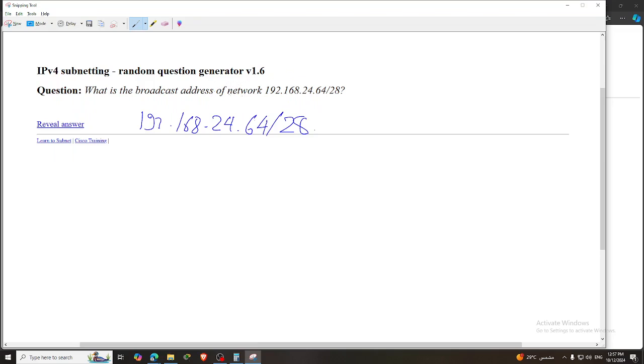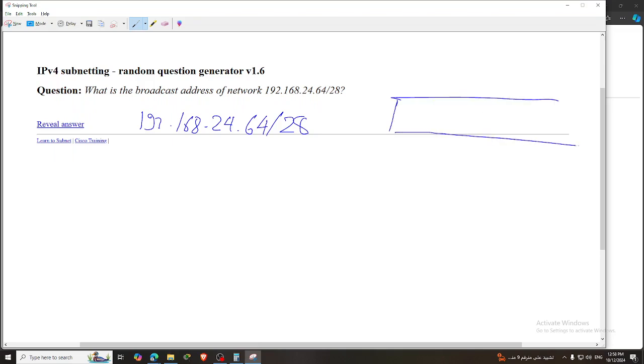Increment number actually helps us in determining the next subnet, so we can just go back one step to be able to know the broadcast address. So here we borrowed 4 bits because this is a class C address, and the class C address has a prefix length of 24, and if we add 4 to that, we will have a prefix length of 28.